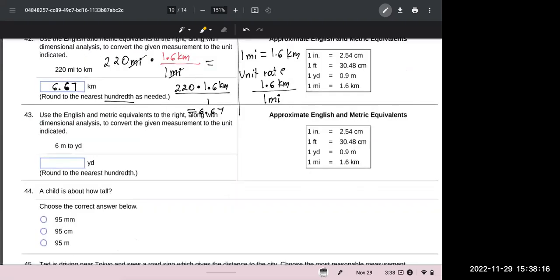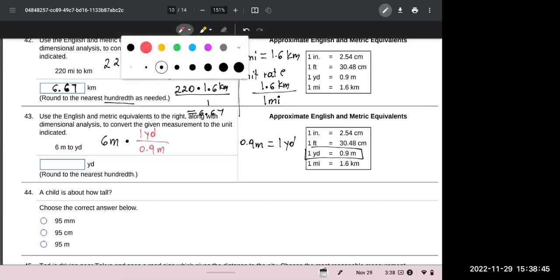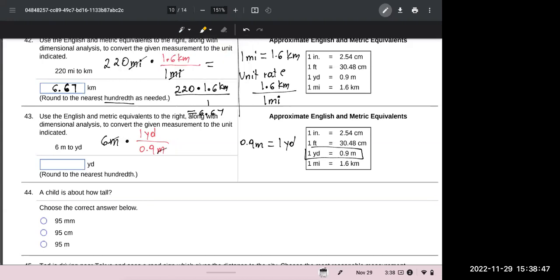Number 43, we convert meters to yards. We're going to use the information that 0.9 meter is the same as 1 yard. So we're taking those 6 meters and we multiply by the unit rate. The new unit has to be yard, so 1 yard stays in the numerator, 0.9 meter stays in the denominator. Meters cancel.